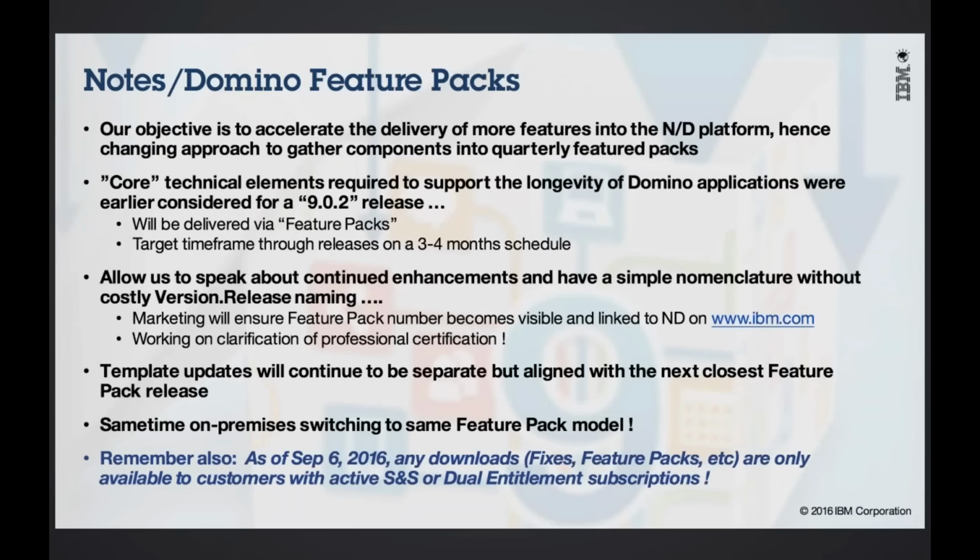One of the important things here is that having a very fast incremental upgrade also allows us to have a simple nomenclature we can talk about, showing enhancements without doing very costly version and release naming or upgrades. We're also going to make sure that the feature pack number becomes visible and linked to Notes Domino on our public web pages, so that you can track and follow what's going on.